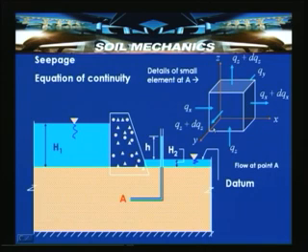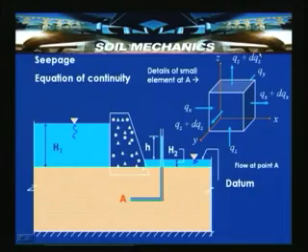Let us consider a small element at A, which is a cube, with the flow occurring through it. Qz is the inflow over the xy plane. This small element has dimensions dx, dy, dz in the x, y and z directions, so the volume of the element is dx dy dz.